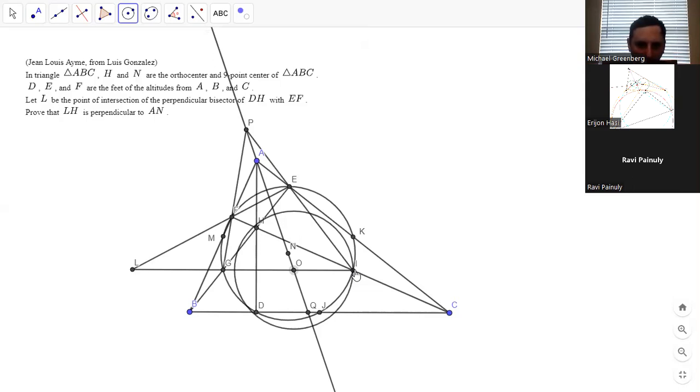BJK. I doubt that's, yeah. We could try to show, maybe angle GPN as angle, well, no, that's not gonna work. So I wonder if A is like the orthocenter of PFE. No, it's not.